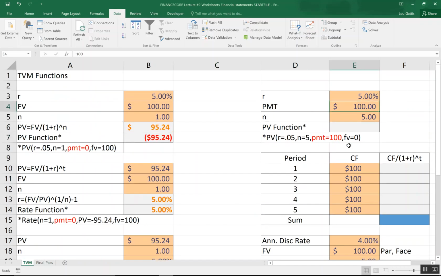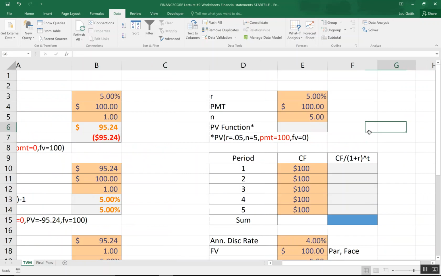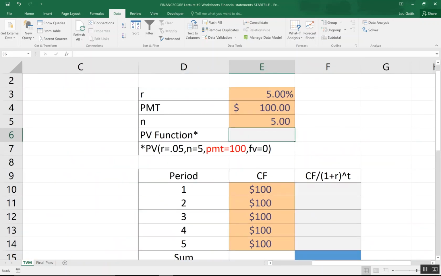So coming up here, we're going to use the present value function again. So we're going to say equals PV. Let's go ahead and put the discount rate in, 5%, or that interest rate, comma, n is 5 years, comma, payment. Now we're going to use the payment function because payment refers to multiple cash flows.